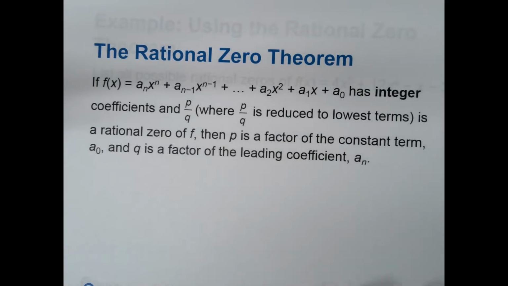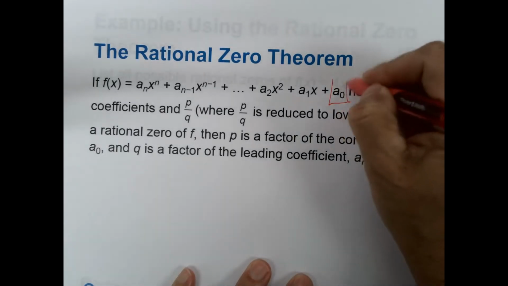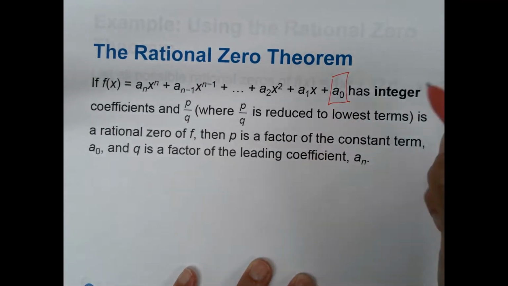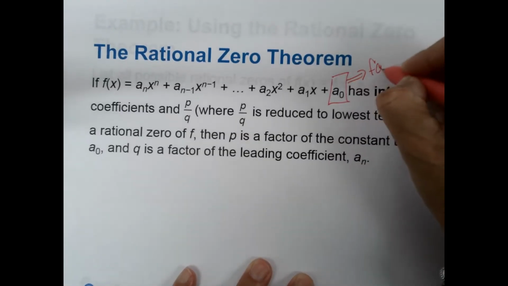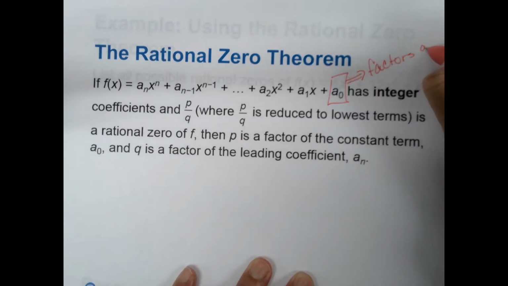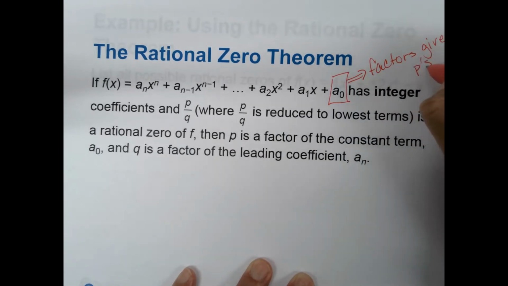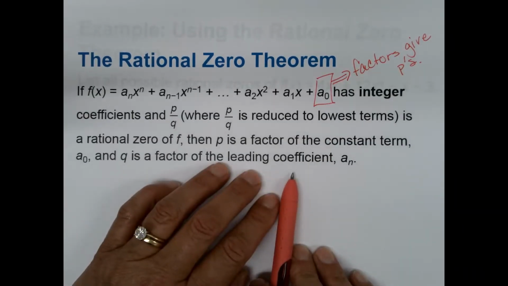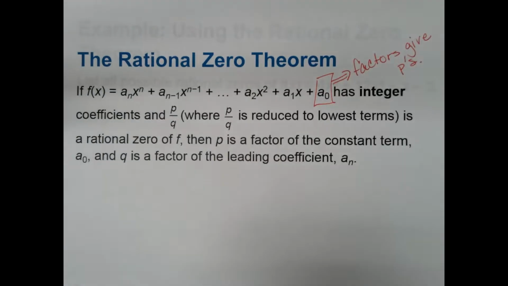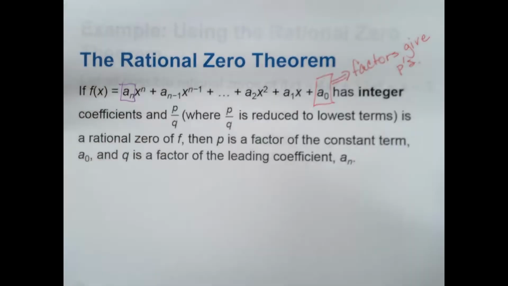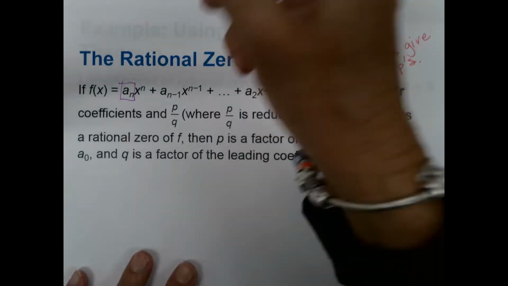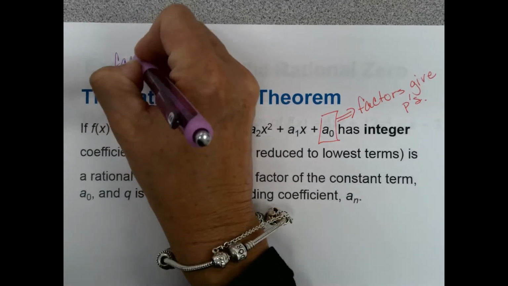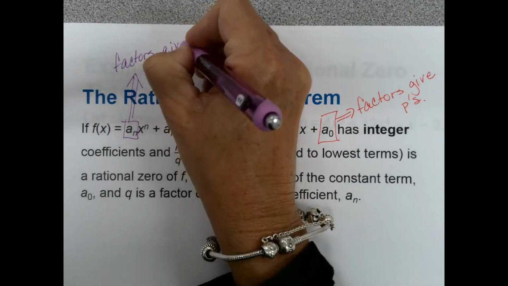So what I want you to make a note of is that whatever the constant is, the one that doesn't have any x's in it, the factors of this give you what we're going to call our P's. And Q is a factor of the leading coefficient, A sub n. And so over here, A sub n is the coefficient in front of the highest power on x, and its factors give us our Q's.